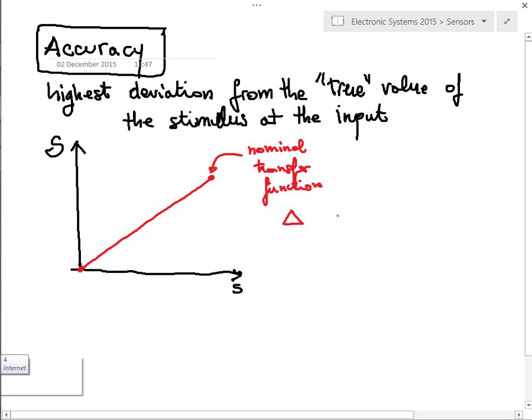So let's assume that delta is the accuracy, and here it means that the transfer function can be wrong, in the sense it can deviate from the true value by a quantity which is delta in one direction or in the other direction.